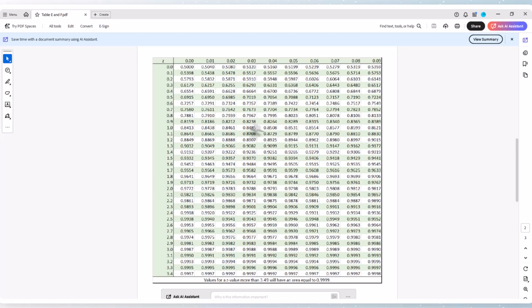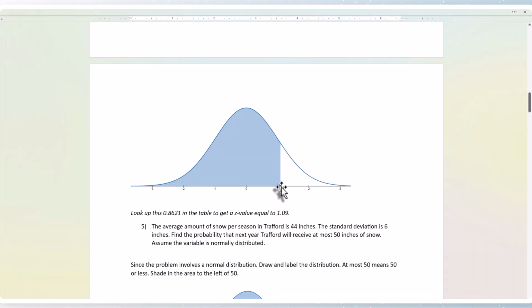Next, we look up 0.8621 in the table to find the missing z value. So here we have to search for this area inside the table, and it's right here, 0.8621. Look to the left, 1.0, look up, 0.9. So the missing z value is 1.09.